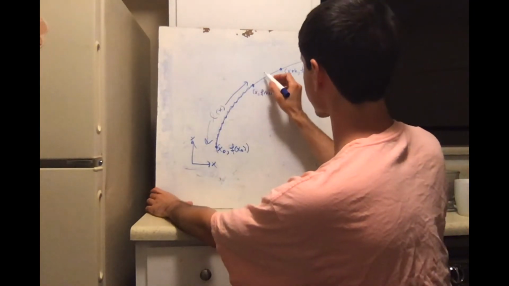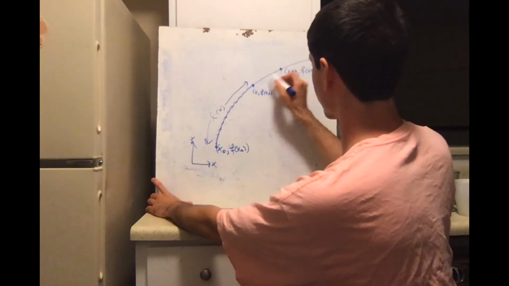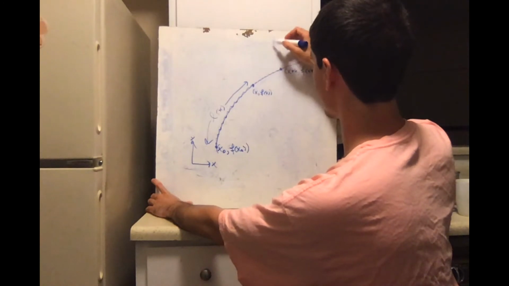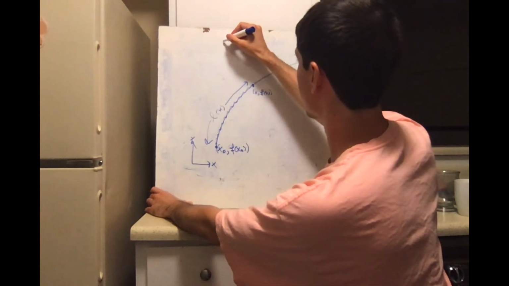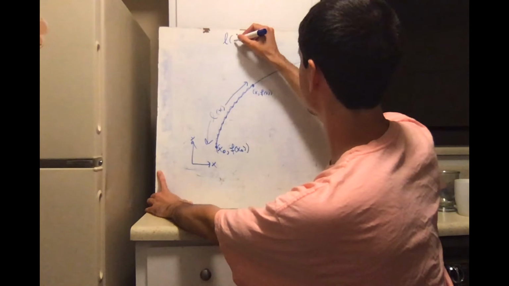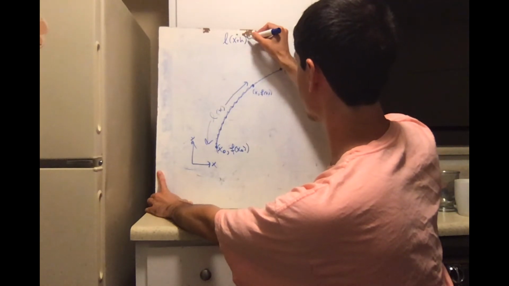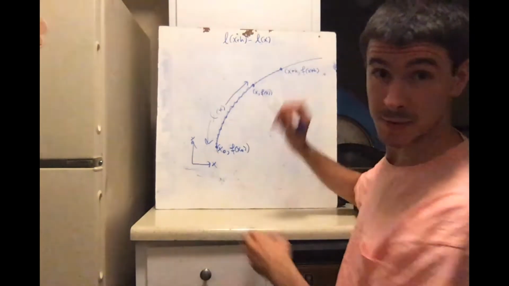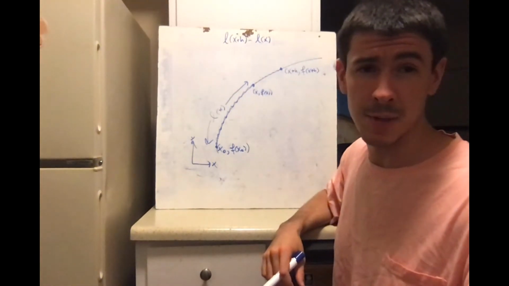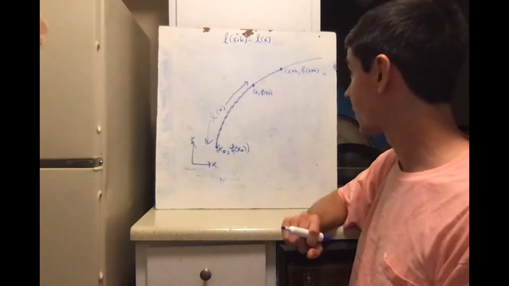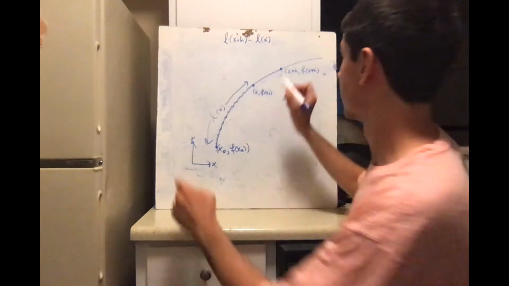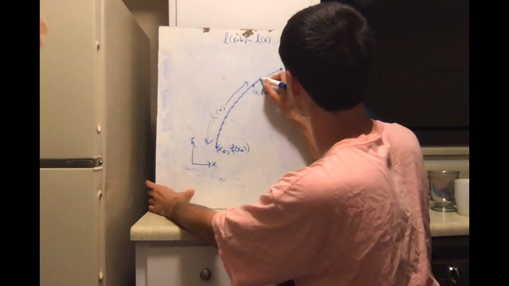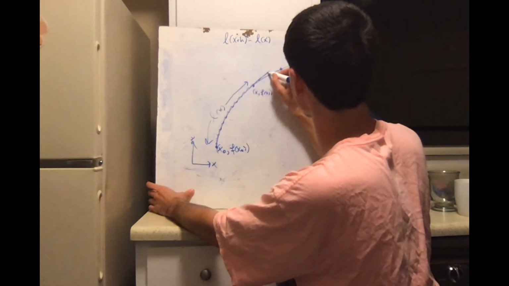So this length right here, that length right there is L of x plus h minus L of x, right? That is what this length is. Now, that seems not really to help, but we can approximate the length by drawing a segment of a tangent line.